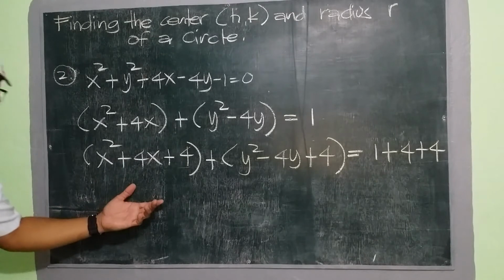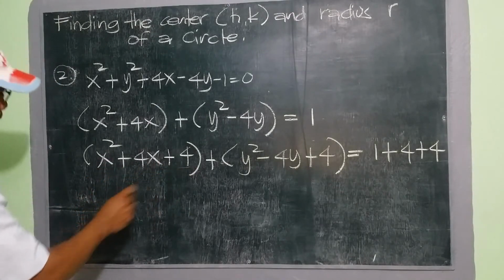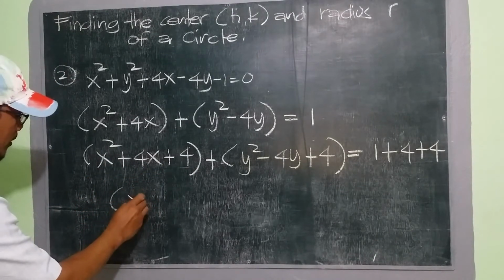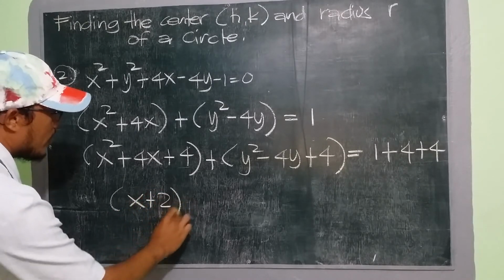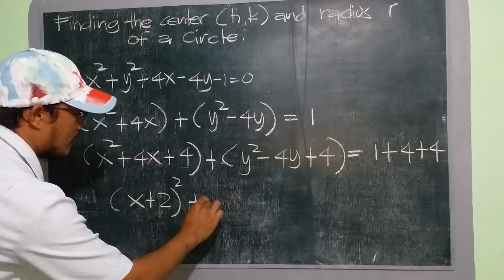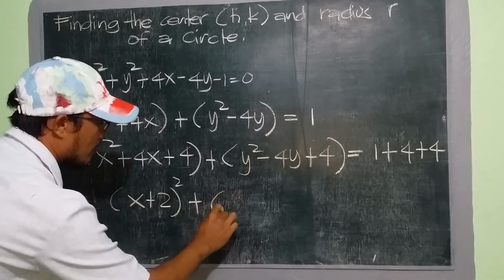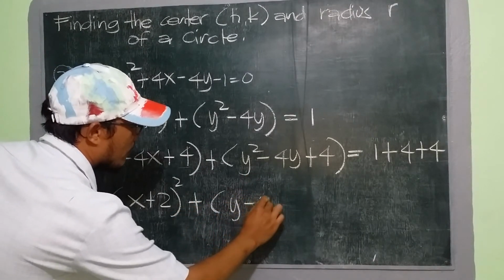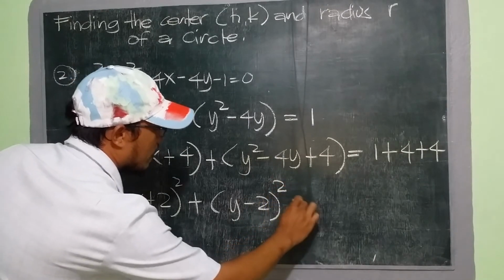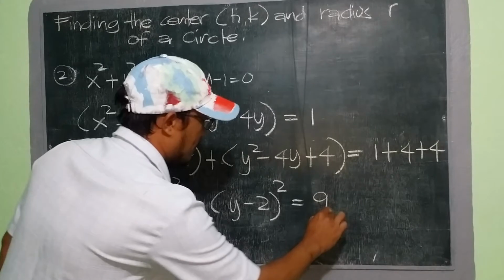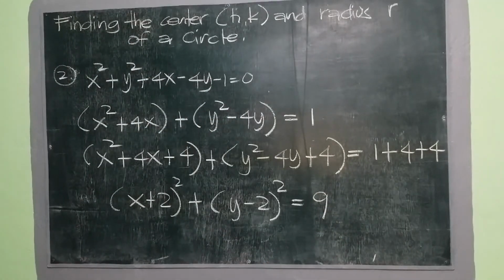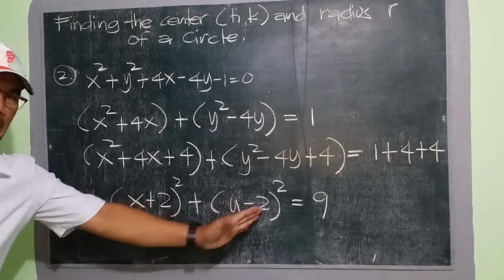Now get the factor of this one. x squared plus 4x plus 4 is equal to x plus 2 squared, plus the factor of this one, y minus 2 squared, equal to 1 plus 4 plus 4, which is 9. So as you can see, we have the h and the k.